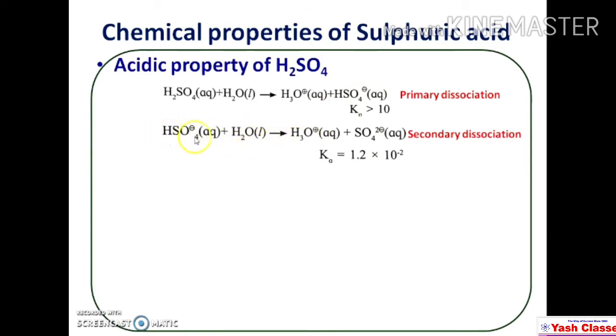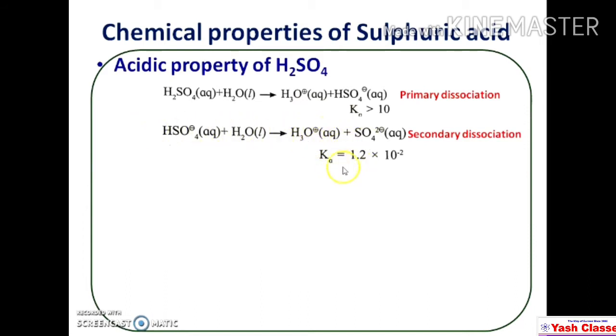Again HSO4 minus gives H plus plus SO4 2 minus, that is the sulfate ion. That H plus combines with water and there is a formation of H3O plus, and this H3O plus is again responsible for acidity.